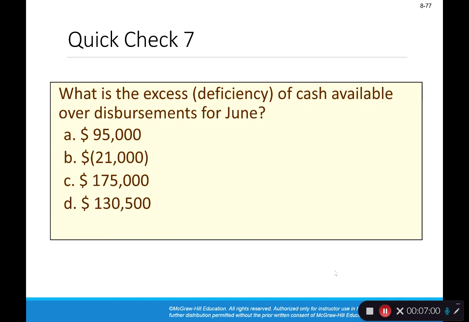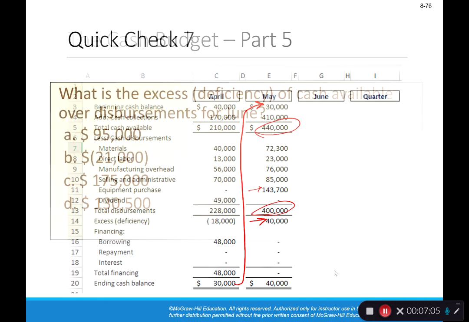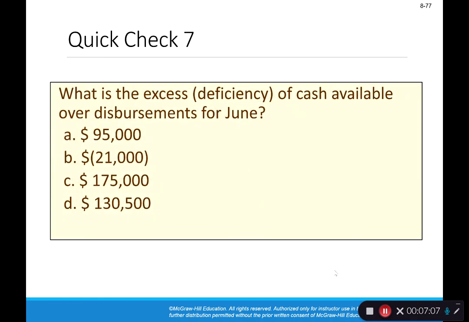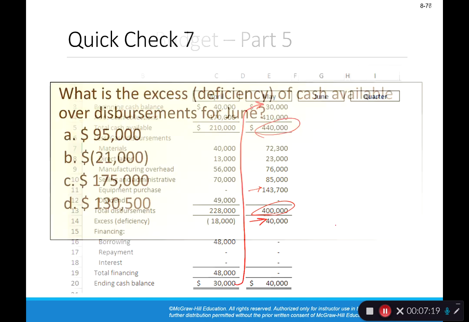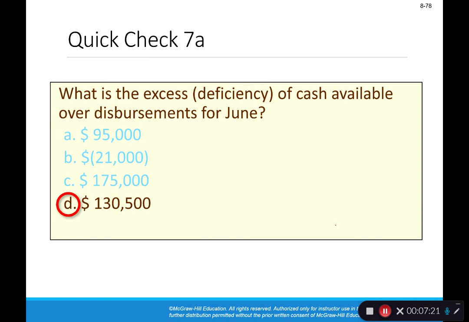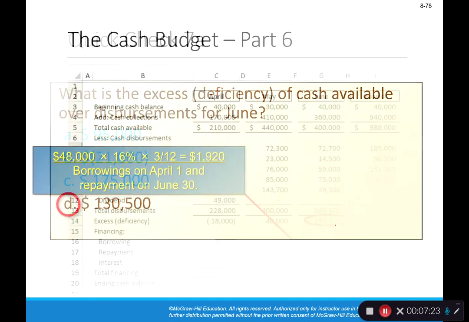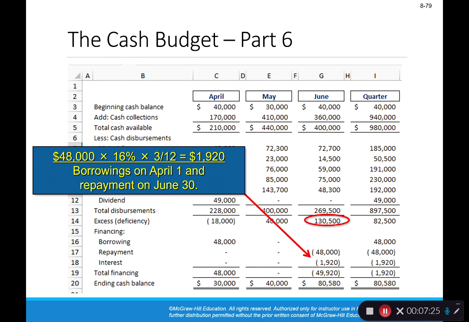You can go and fill in the June column and answer what the disbursements are for June. So it says cash available over disbursement. So it's the excess or deficiency. So what it's asking you is to figure out what this number would be. So if you want to take a minute and try, go ahead. And you should have got 130,500. So how do you get that?